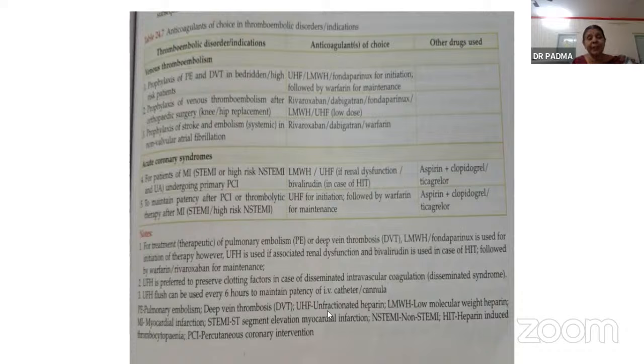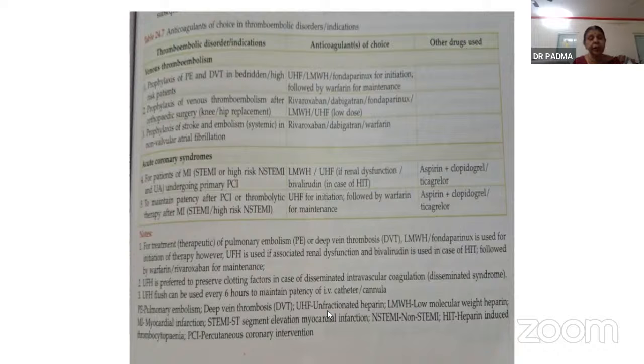But to be on the safer side, we give a single dose of low molecular weight heparin or rivaroxaban, or even sometimes oral dabigatran or an injectable fondaparinux. And for prophylaxis of stroke in non-valvular atrial fibrillation, we try to give rivaroxaban, dabigatran, or warfarin, where other drugs are not necessary also.